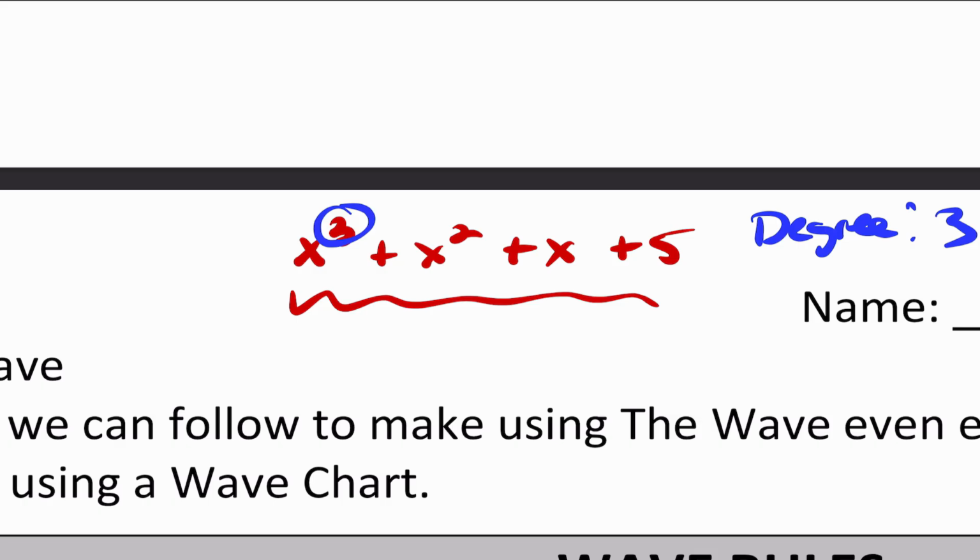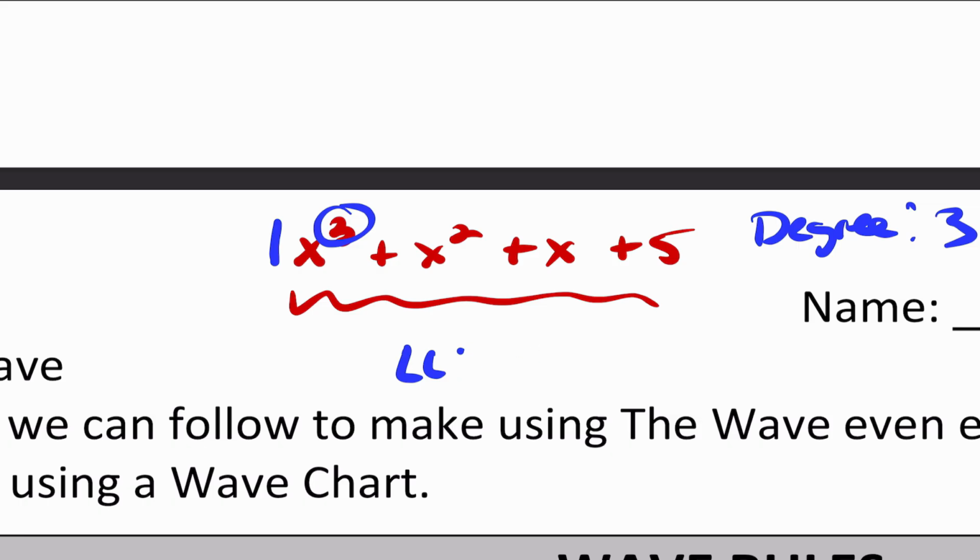So in this case, going back to this polynomial expression, that variable with the largest exponent has a leading coefficient of +1, right? So the LC is +1.